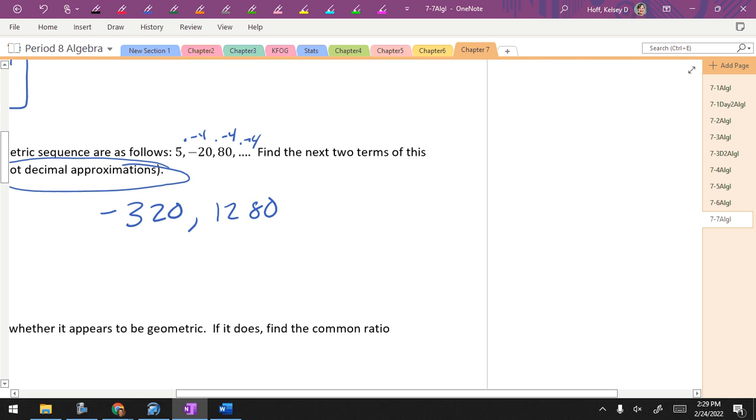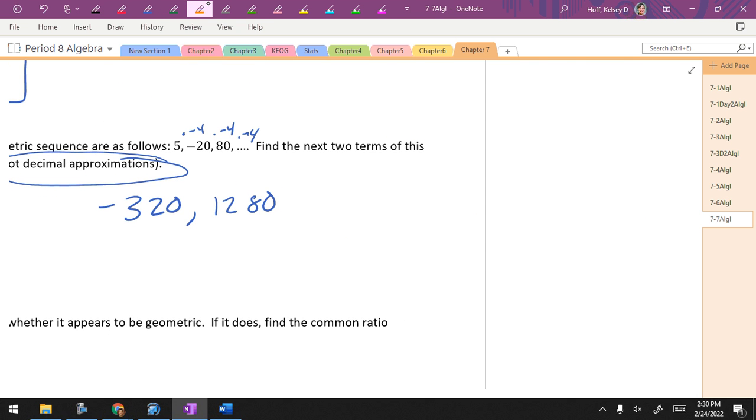Okay, I'll give you an example. What if I told you 7, 1, 1/7, and I want the next two numbers? What's my common ratio here? You've got to multiply. What are you multiplying by? 1/7.